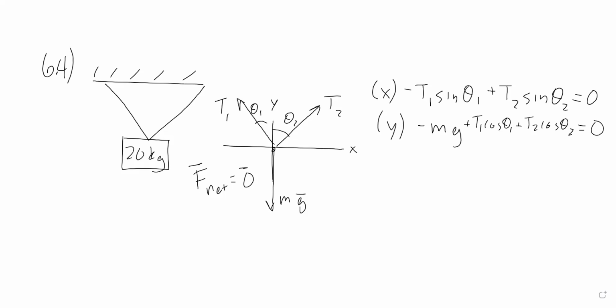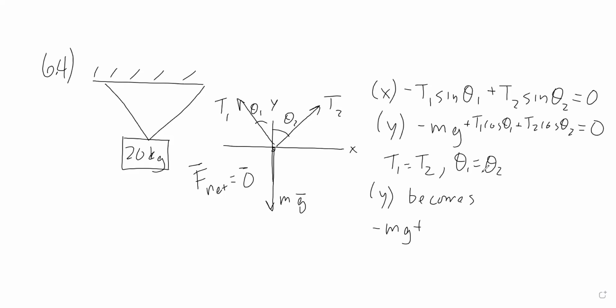So when you know that the tensions and the angles are equal, then this first equation becomes redundant, and you just need the second equation. So if T1 equals T2 and theta 1 equals theta 2, then the x equation becomes redundant, and then the y equation becomes minus mg.